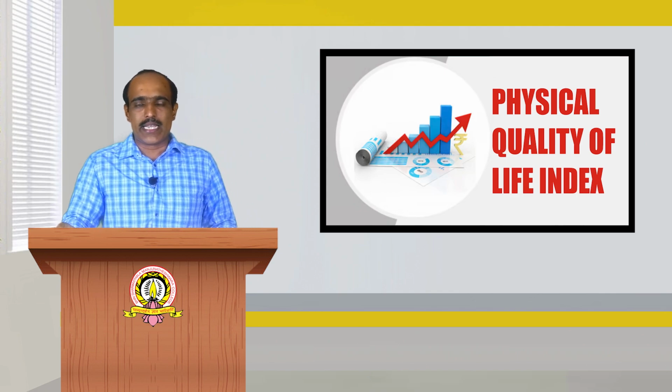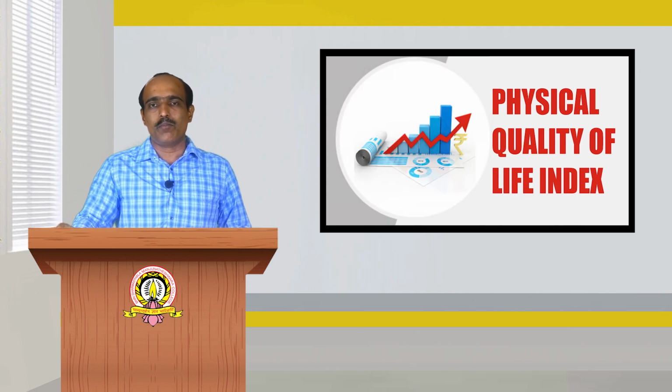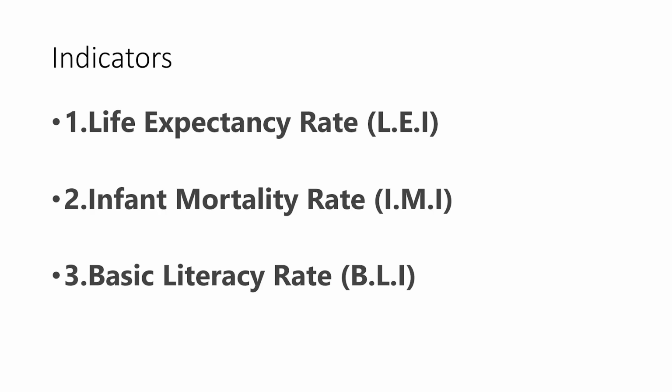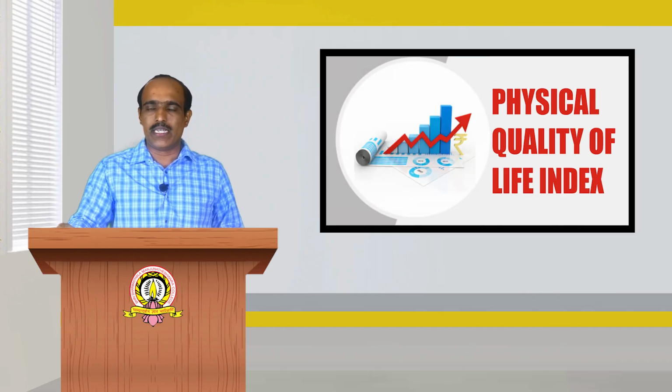With regard to the indicators of PQLI, there are three important components. One is life expectancy, which means the number of years a person is expected to live. For example, in India, the life expectancy is approximately 75 years. Infant mortality, the death of a child before attaining the age of 1.